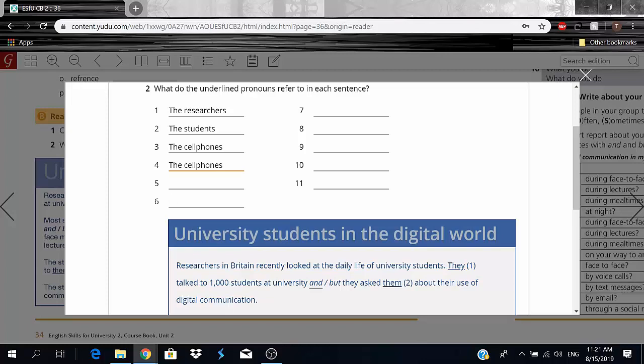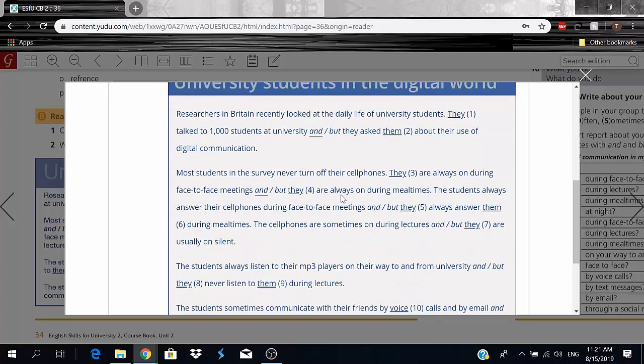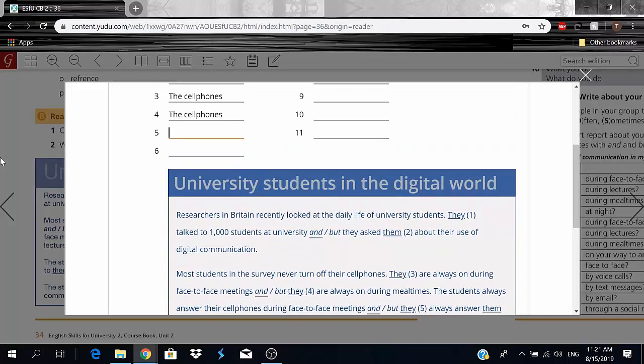Okay, the cell phones are always on during meal times. Okay, the students always answer their cell phones during face-to-face meetings, and or but, obviously and. Okay. And they, obviously referring to the students, so number 5 will be the students, okay?